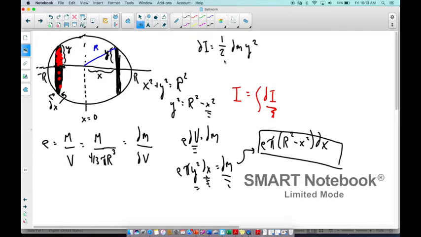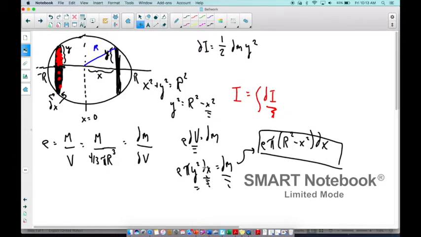Well, I already have that, don't I? I use the concept of density to get mass in terms of volume. And then I realized I could put volume, the volume of my disks, in terms of the variables y and x. Pi y squared would be the area, dx would be the width. Area times width would give me a little volume piece.